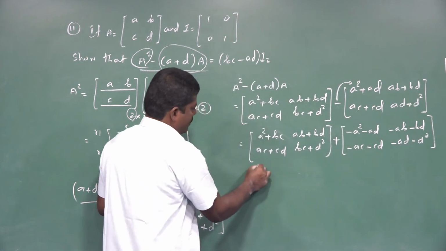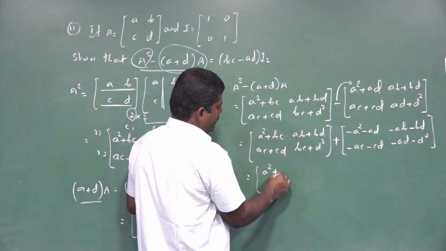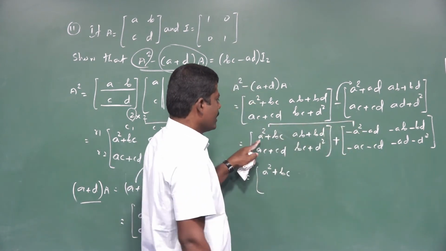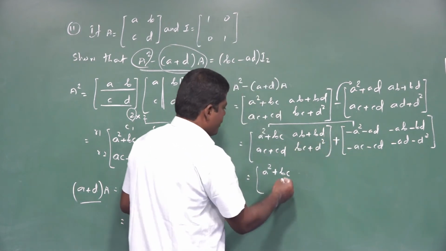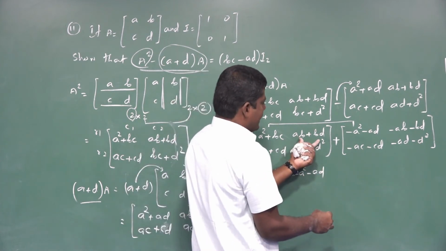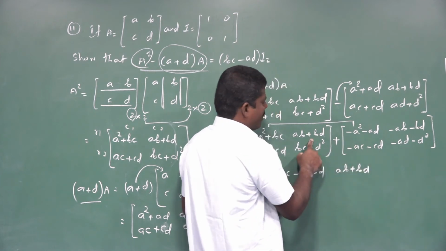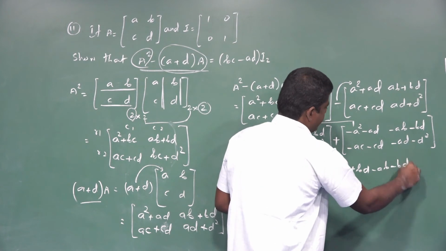Understand? Now subtract corresponding elements. The corresponding element of A square plus BC is minus A square minus AD. Next, the second element AB plus BD has corresponding element minus AB minus BD.